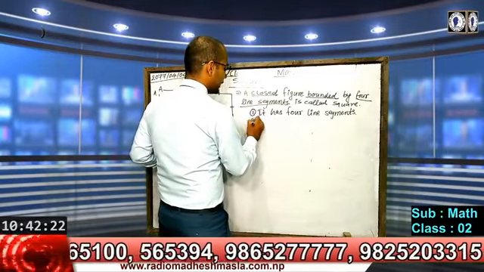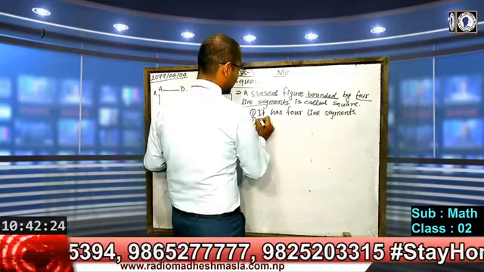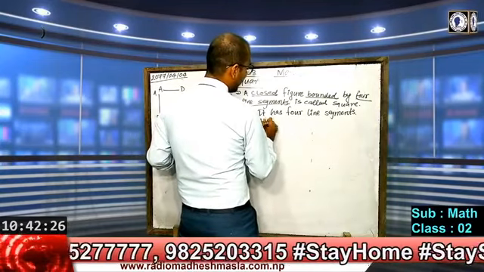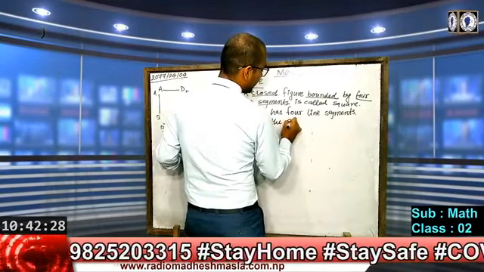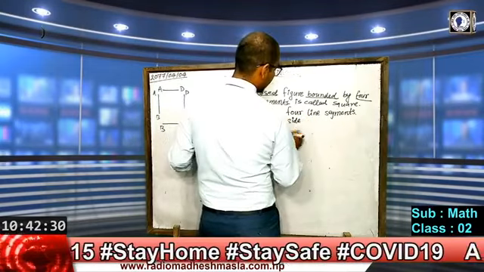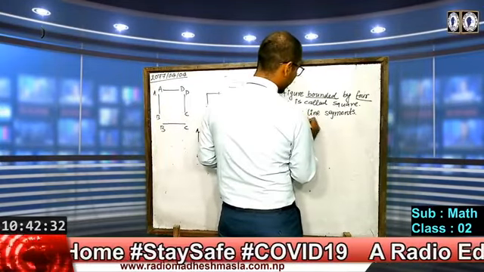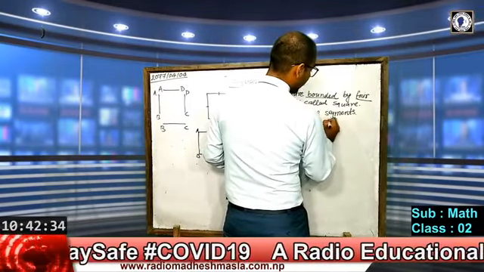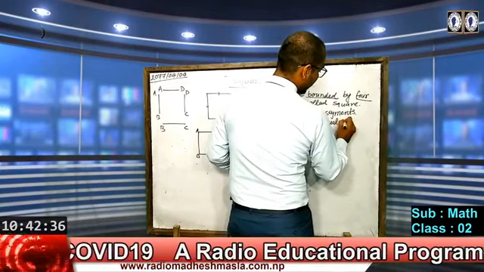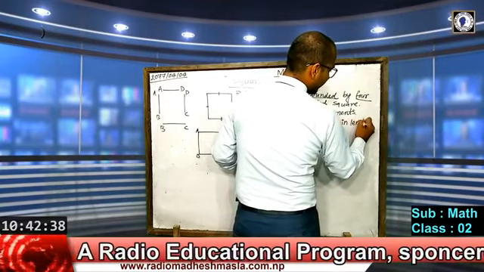In the second property we can write: all the sides are equal in length.